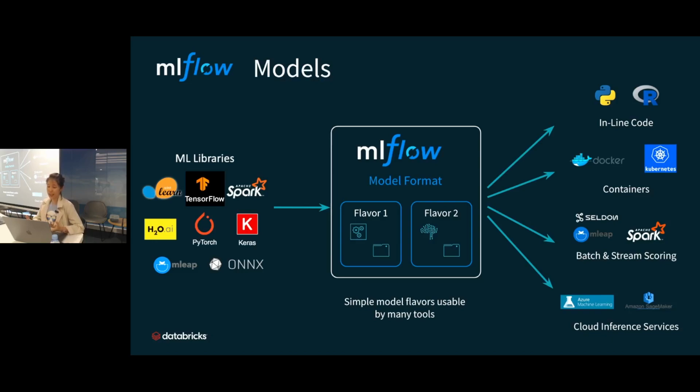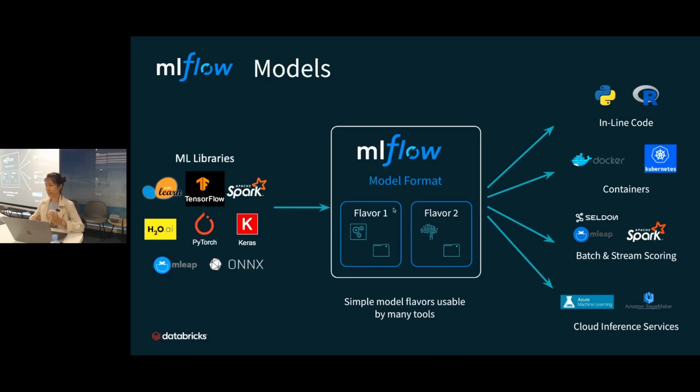And so what this means is that you have a standardized way of deploying your models using MLflow, despite the fact that your model may have been trained by any of these many different libraries, or your deployment environment may also be very varied, from edge deployments to batch to streaming.